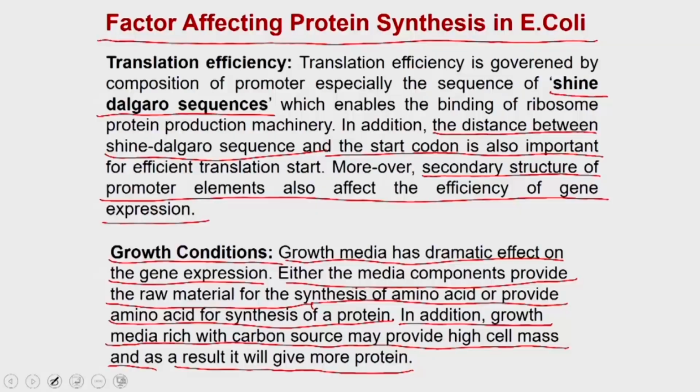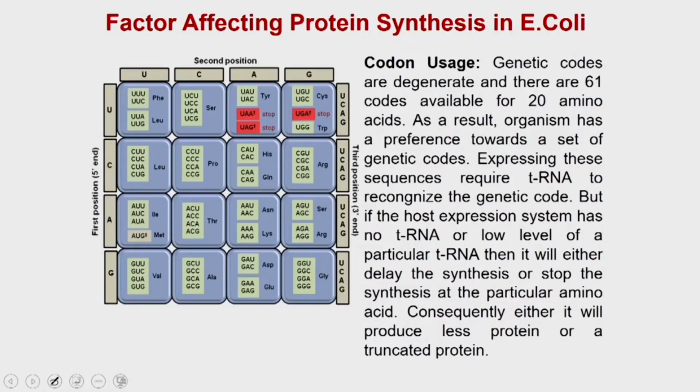So, apart from this, the third factor is the codon usage. You know that the genetic codes, which are 64 in number, where you have the 61 codes which are available for the 21 different amino acids, whereas the 3 codes, UAA, UGA and UAG, are the stop codons.